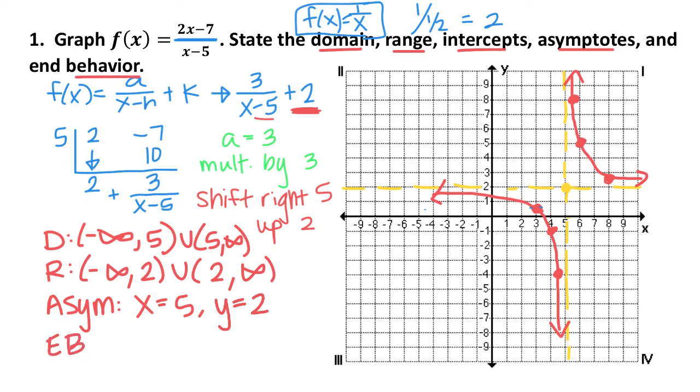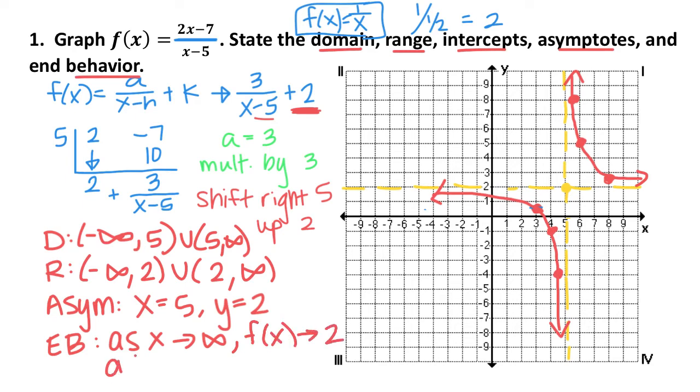So end behavior, the ends of the graph, so I'll start with the right side. As x approaches infinity, that means as you're going out to the right side of the graph, the function is getting lower and lower, but it's not going to negative infinity. It's getting closer to this horizontal asymptote at 2. So the function is slowly approaching 2. f of x approaches 2.